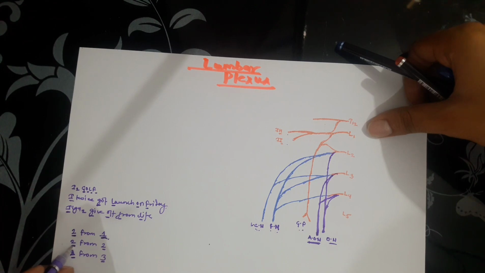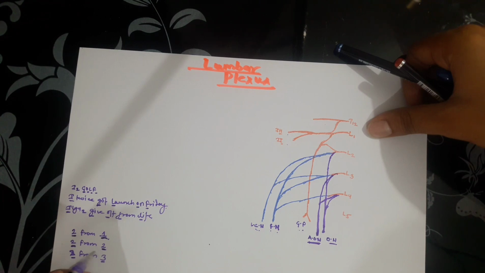And here we can see 2 main branches of the lumbar plexus originate from the union of 2 lumbar roots: the genitofemoral, which is formed from L1 and L2, and the lateral cutaneous, which is formed from the union of the posterior divisions of L2 and L3.